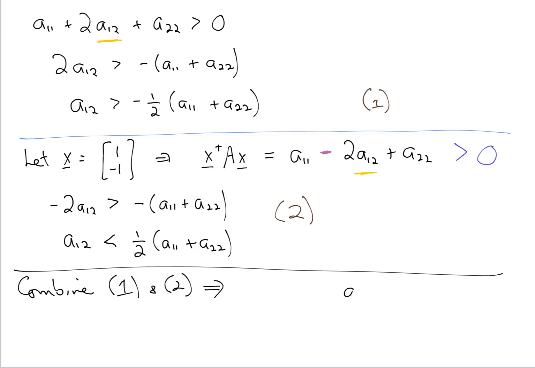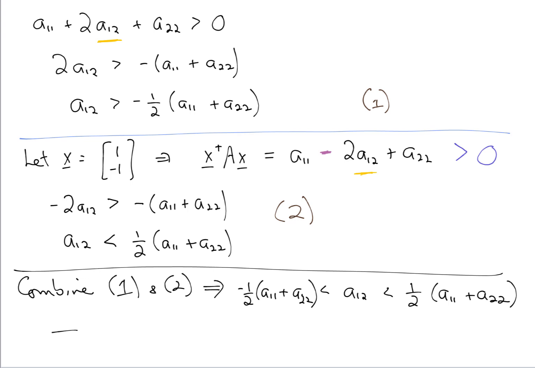Inequality 1 tells us that A12 is bigger than minus 1/2 times the sum of A11 and A22. But inequality 2 tells us A12 is less than 1/2 times the sum of A11 plus A22.